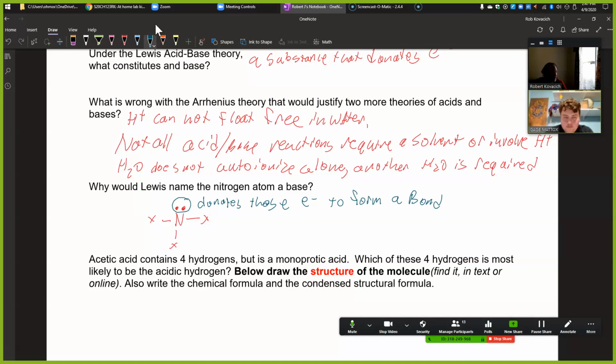So those two electrons on the top of the nitrogen atom, that lone pair of electrons, is allowed to make bonds with stuff. So most of the base reactions happen in your body with nitrogen.